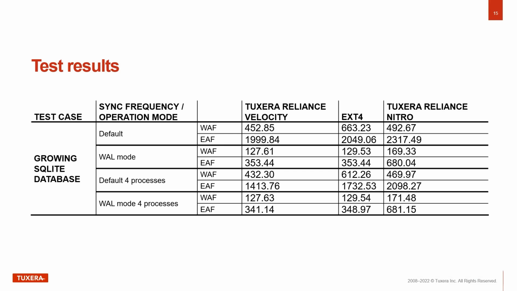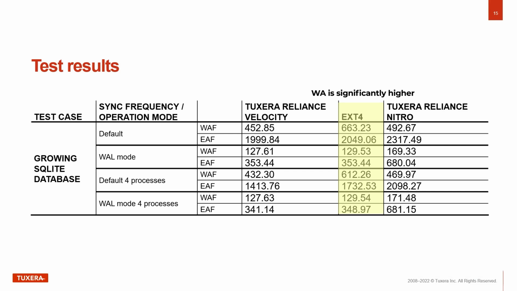And as Thom was discussing earlier, databases do small updates to different locations when they are updating the data. And as we can see here, the write amplification is significantly higher with an SQLite database than it was in comparison to a growing file.